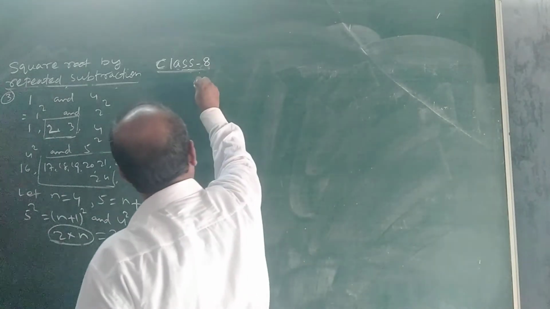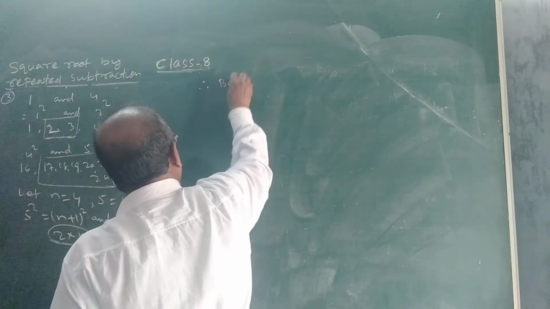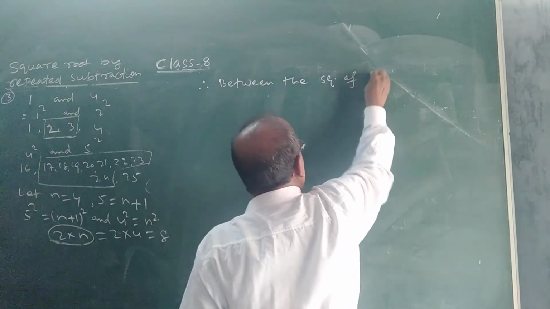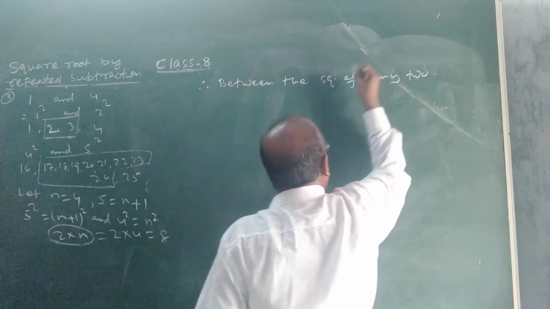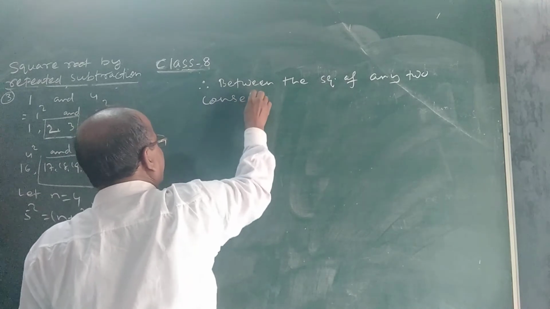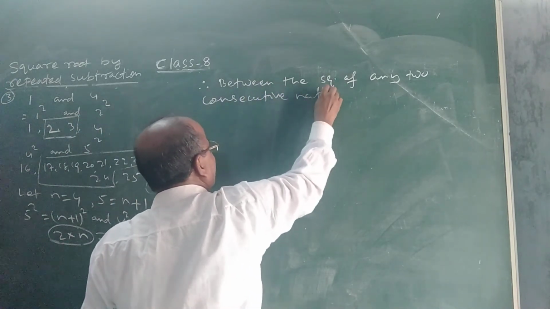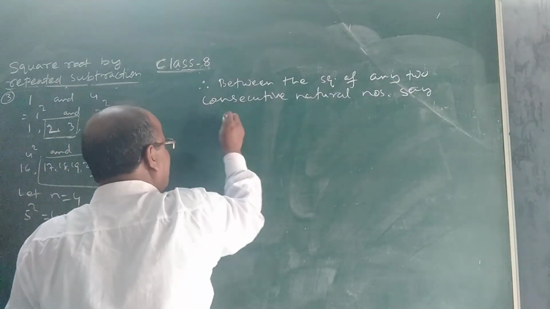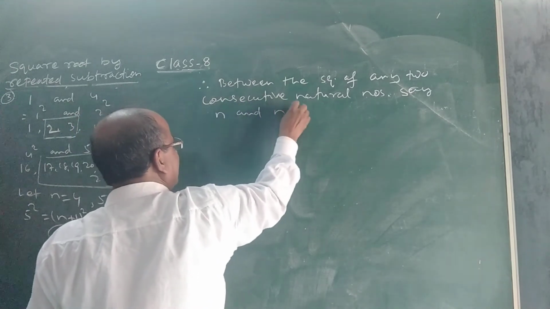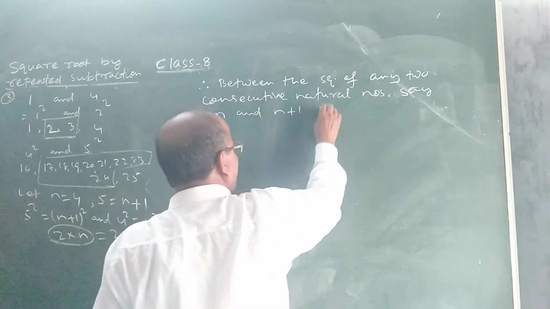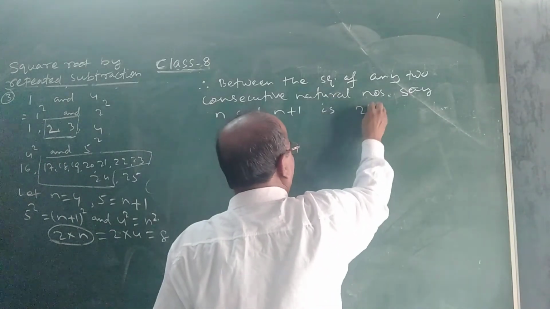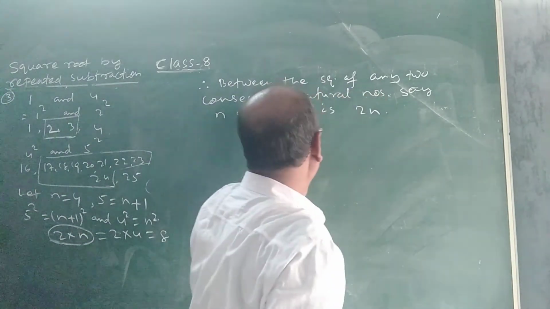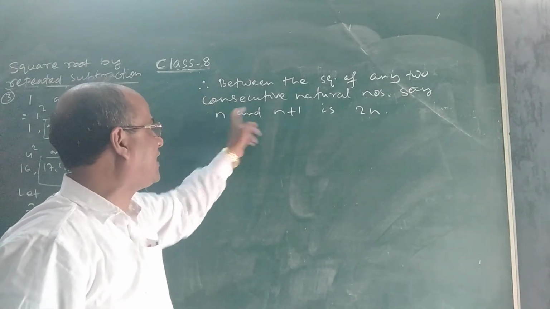So what is the formula? I am just summarizing here. Therefore, between the squares of any two consecutive natural numbers, suppose the two natural numbers are n and n plus 1, the count will be 2n.